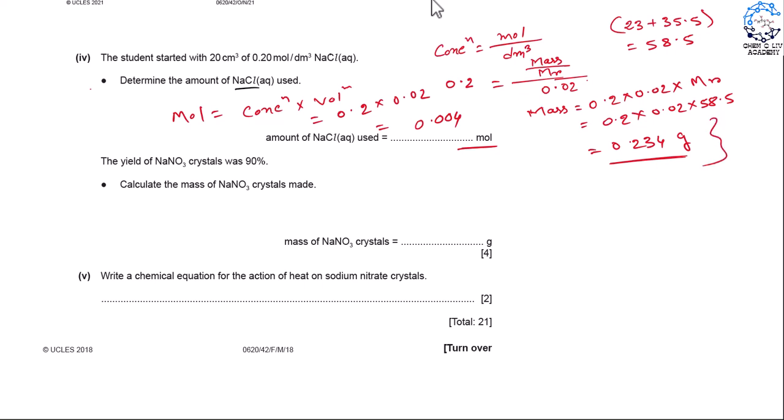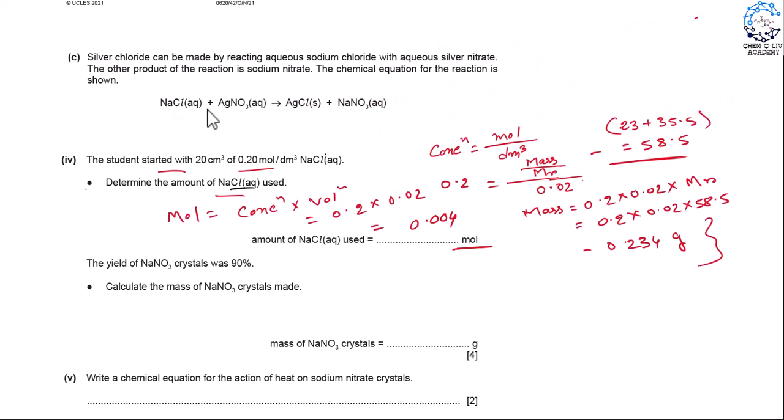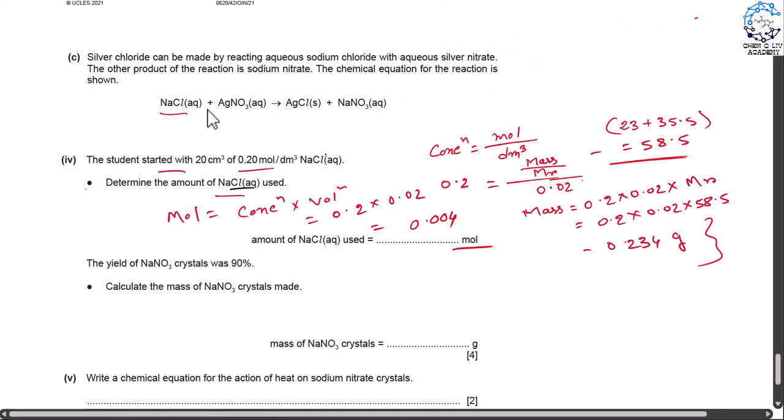No problem in that. The yield of sodium nitrate crystal was 90%. Calculate the mass of sodium nitrate crystal made. Okay, so let's see the equation. The equation says sodium chloride reacts with silver nitrate to form sodium nitrate.